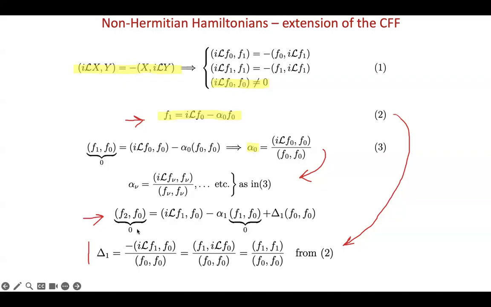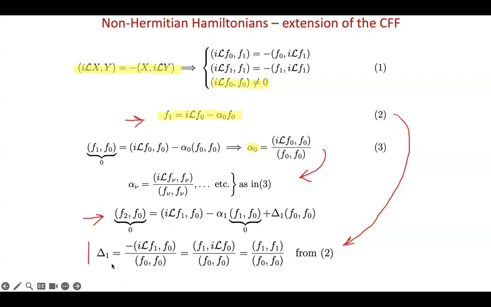So now let us go to F2. Again, we have to accept F2, F0 must be 0. We also have to accept, without further ado, that F1, F0 is also going to be 0. So therefore, this term and that term are both 0. And now you get a passport to find delta 1.